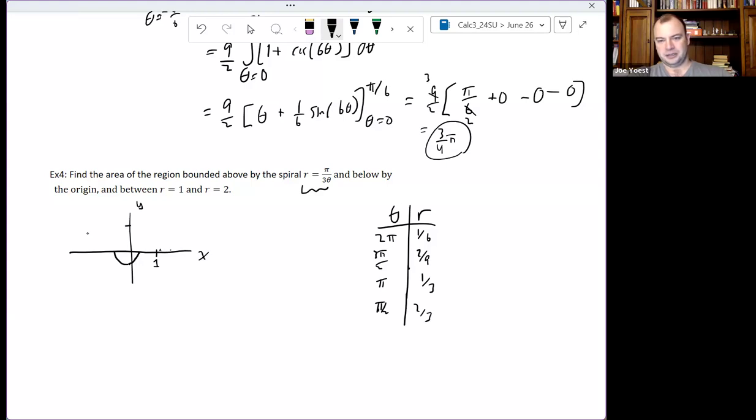Let me try to make these somewhat similar axis scales. And then what happens is as theta works its way back to 0, r gets larger and larger and larger. So we have something like this kind of a deal.